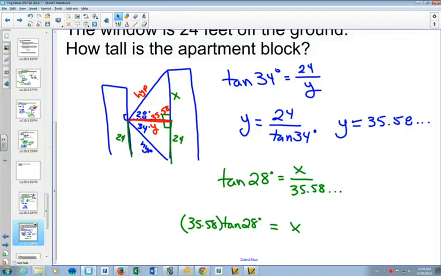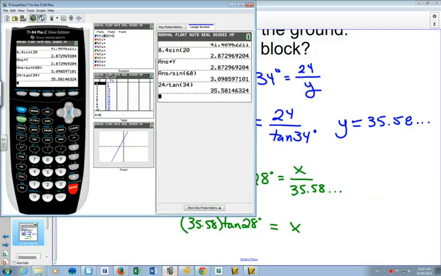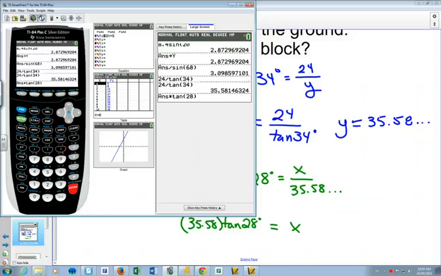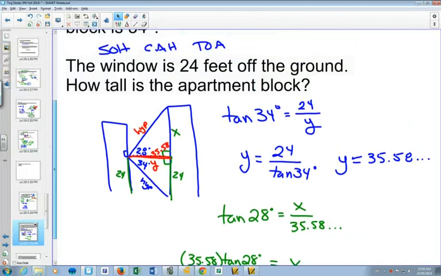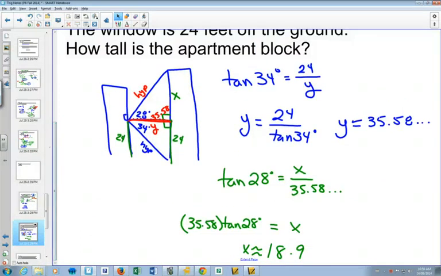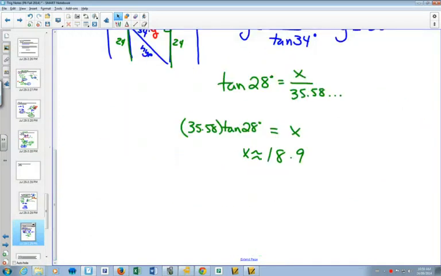And since in my calculator I have that built in, I can just go times tan of 28, because it'll take that answer, which is 35.58, multiply it by tan 28, and I'll get x is equal to 18.9. Does it ask me how many decimal places I want? Does the question say? How tall is the building? No. Now, the x is 18.9, so the building is, it's a word problem, so we end with a sentence.